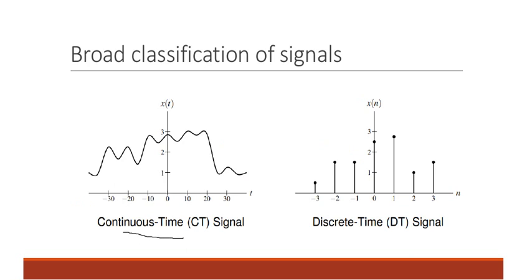So you could see here I have a signal which is present from maybe 0 to around 30 units. So around this particular time period the signal is present for all the values of time, and hence we call such a signal a continuous time signal.